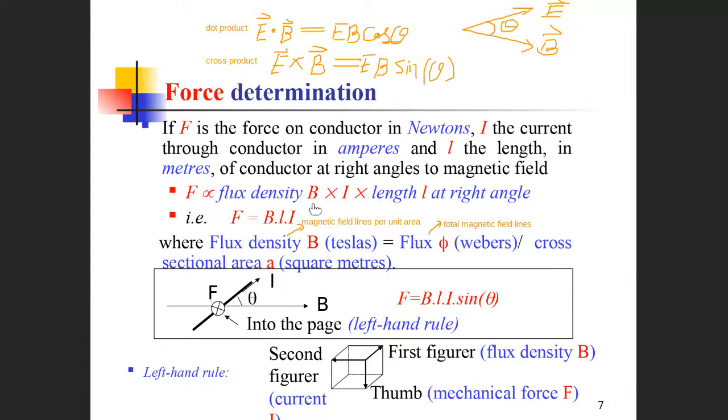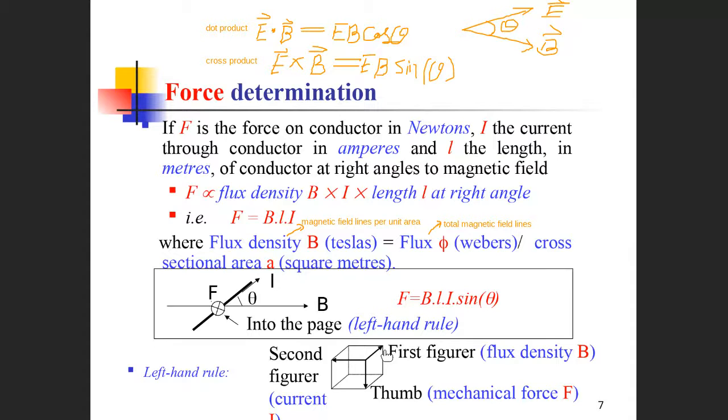So the force is also a vector. That's the meaning here. Left hand rule: for the first finger, you point to the magnetic field. The second finger, you point to the current.